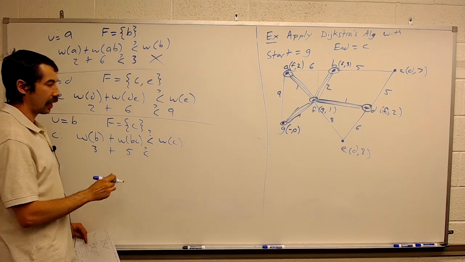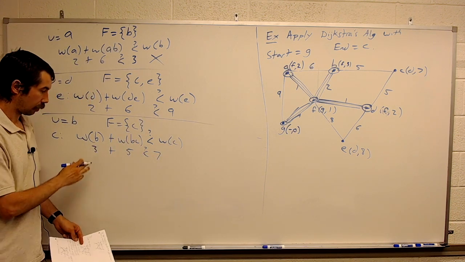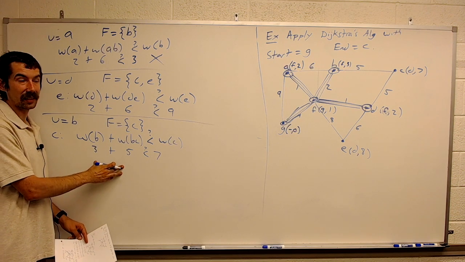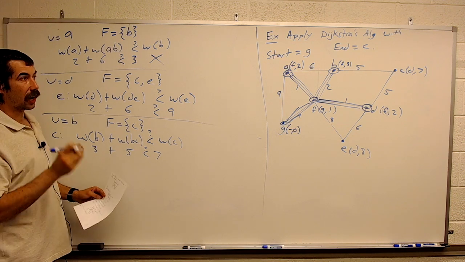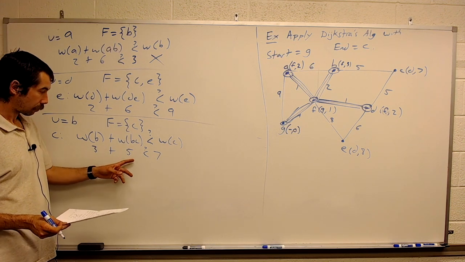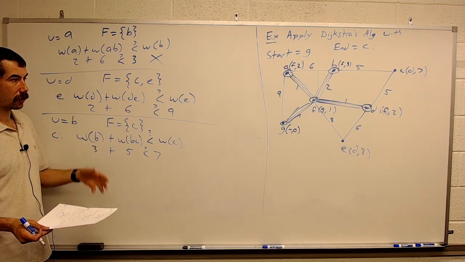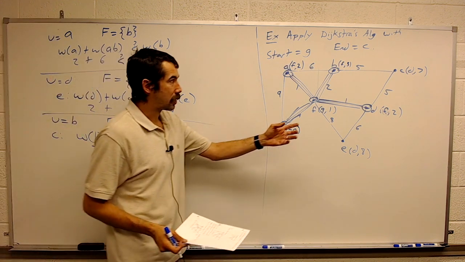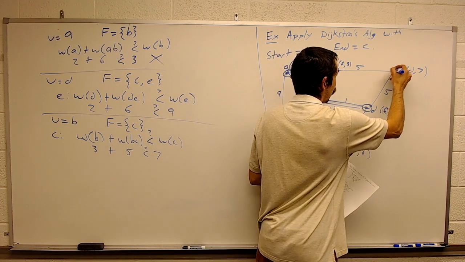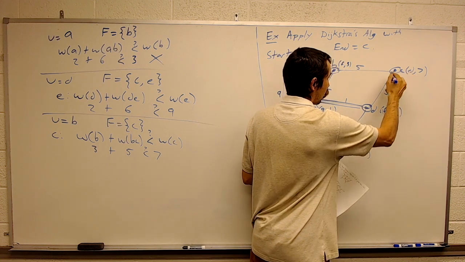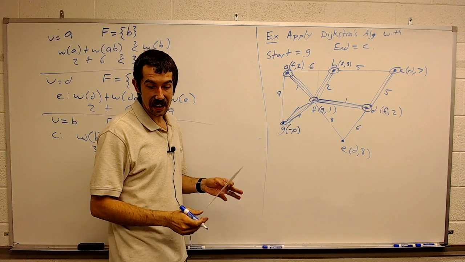Is that less than 7? 3 plus 5 is 8. 8 is not less than 7, so we do not update the label. We've gone through our entire F set, so it's time to highlight. The vertex with the smallest label is C. We highlight it, and the edge used to get there, this one. And we finally made it to the end.